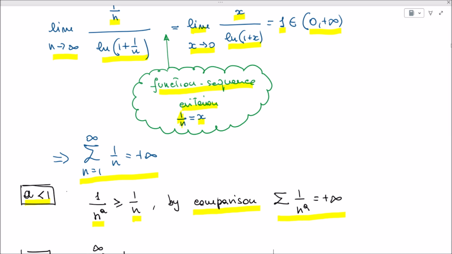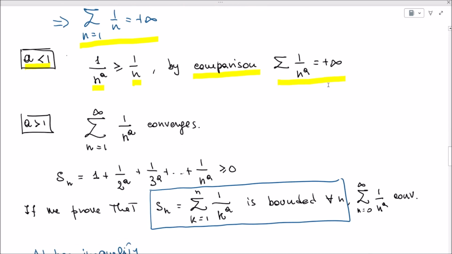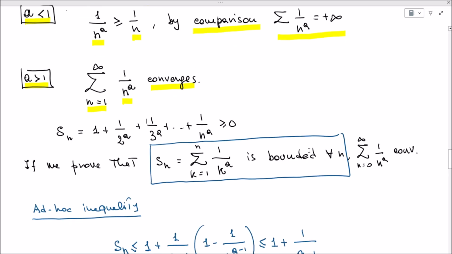So this was easy. Let's now move to the more interesting case, where a is larger than 1. And we wish to prove that the sum as n goes from 1 to infinity of 1 over n to the a is convergent. Okay, so let's see how the partial sum of this series looks like.